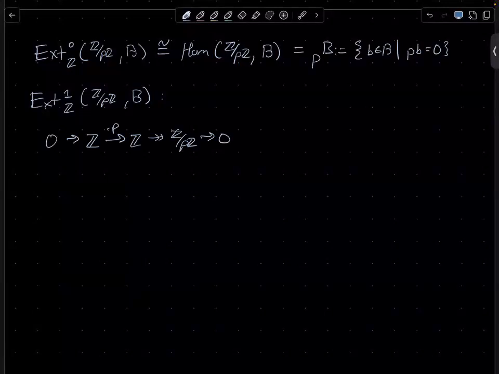You apply the Hom functor. Okay, so apply the contravariant Hom functor, Hom(-, B), and get, so what should I get? Well, we're cutting off one of the terms, right?